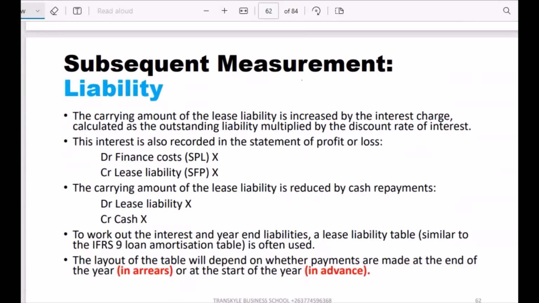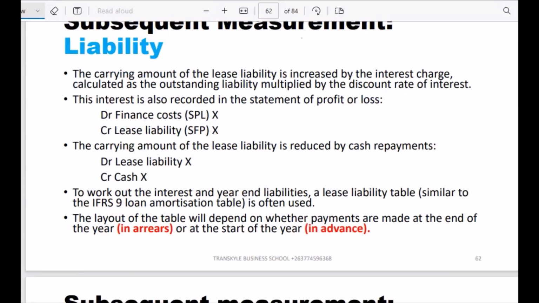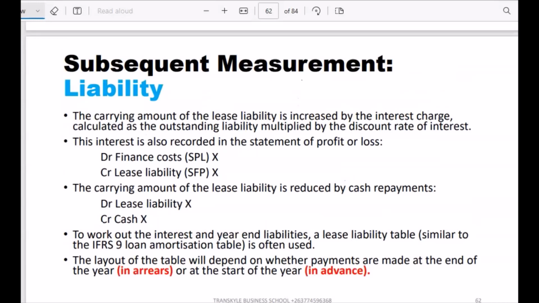All right, what about subsequent measurement? How do we measure thereafter? Now, for the liability, the carrying amount of the lease liability is increased by interest charge, calculated as the outstanding liability multiplied by the discount rate of interest.